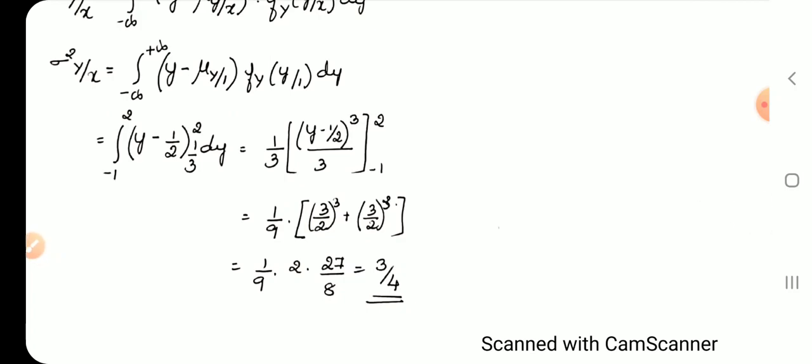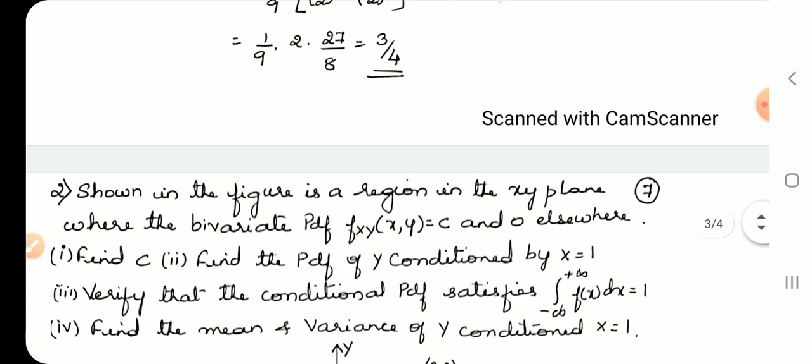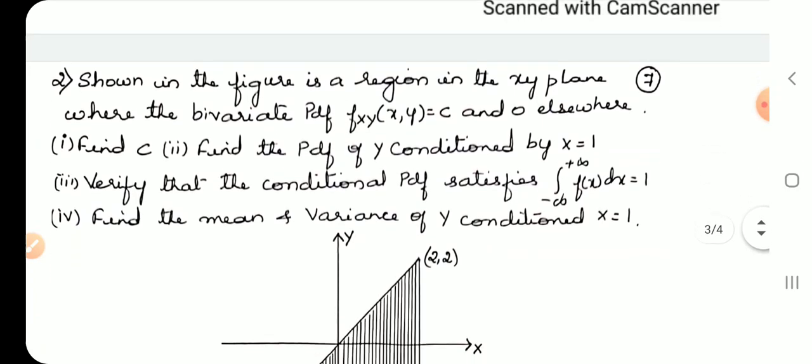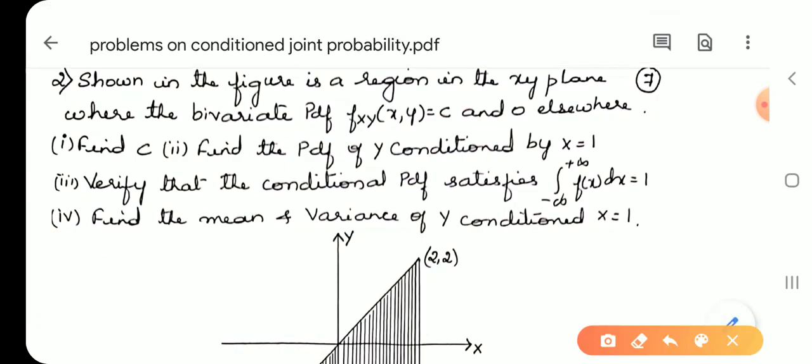So to make this problem more clear, let us take one more problem of the same kind. The same problem, a different figure. Shown in the figure is a region in the xy plane where the bivariate PDF fxy of x comma y is equal to c and 0 elsewhere, as they have given in the previous problem.